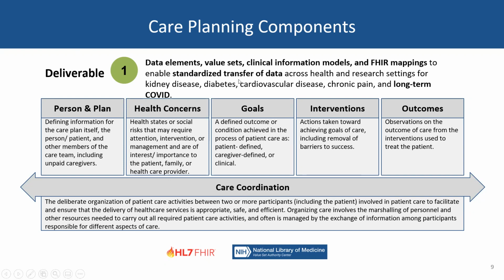To identify the long COVID domain for deliverable 1, we have used these 5 buckets, as well as the care coordination piece, to guide some of the identification and FHIR mapping for these data elements. And so on the bottom, you'll see the standard, we're using FHIR, and then the National Library of Medicine makes available the Value Set Authority Center, where the value sets that are defined are housed.